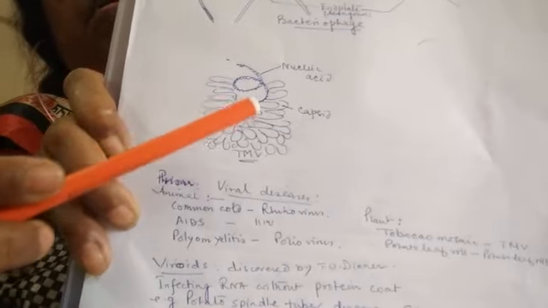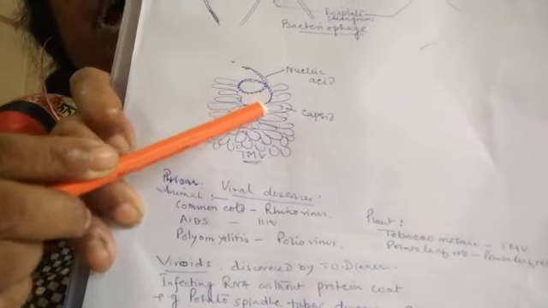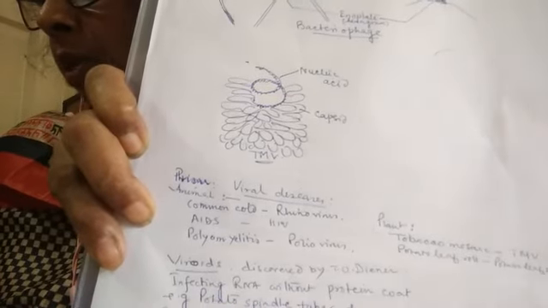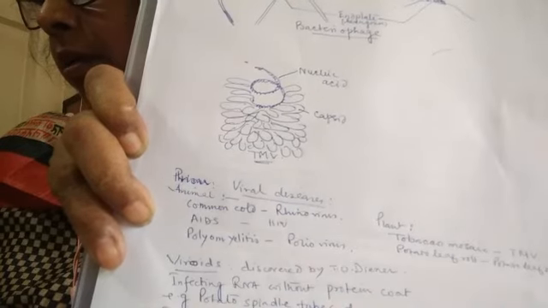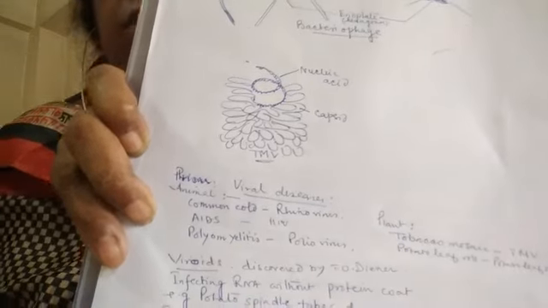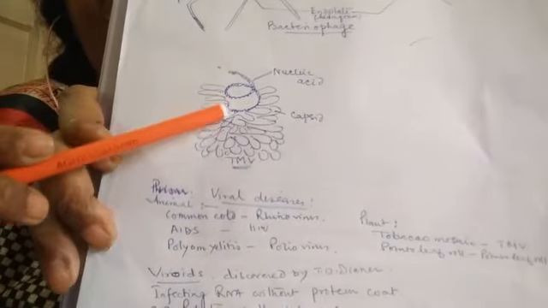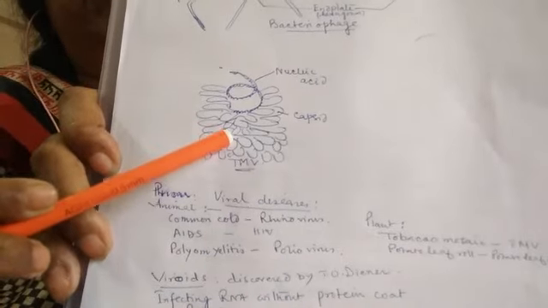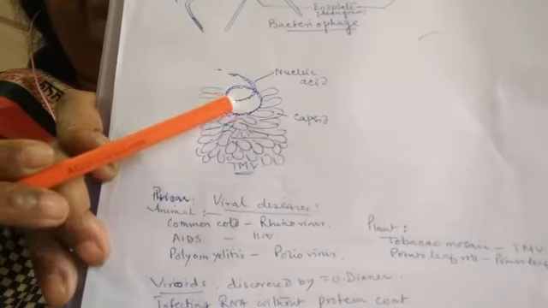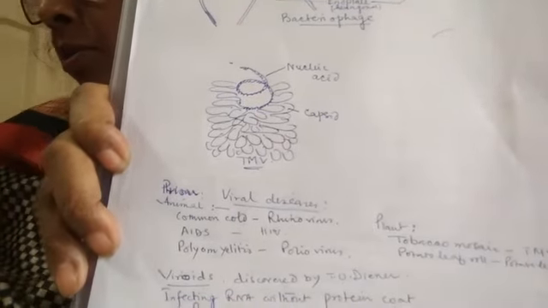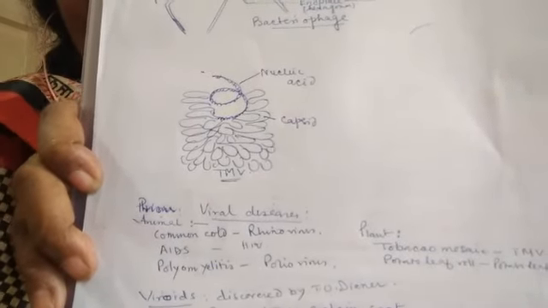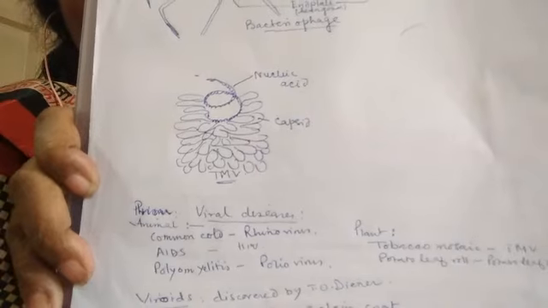The capsid surrounds the helical RNA. So it is a rod-shaped virus with capsomeres helically arranged, and at the center there is a helical single-stranded RNA. So this is about tobacco mosaic virus, a plant virus.